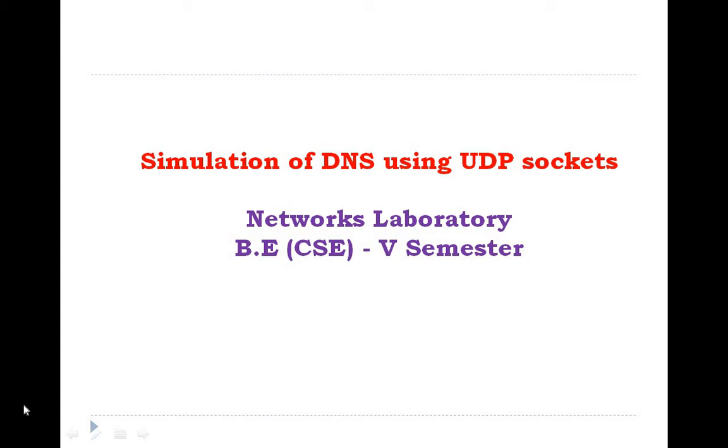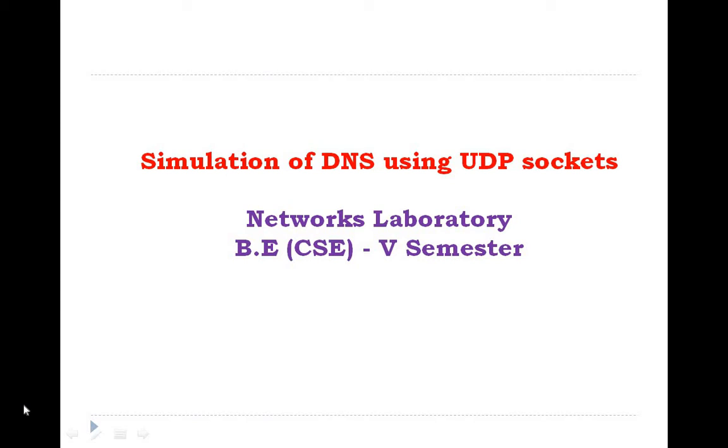So what is DNS? Domain name system is a server. It contains a database of public IP addresses and also the associated host names. So it is like a phone book for the internet. If you want to know the IP address of any domain name, you can request the server, and the domain name server will give you that particular IP address.